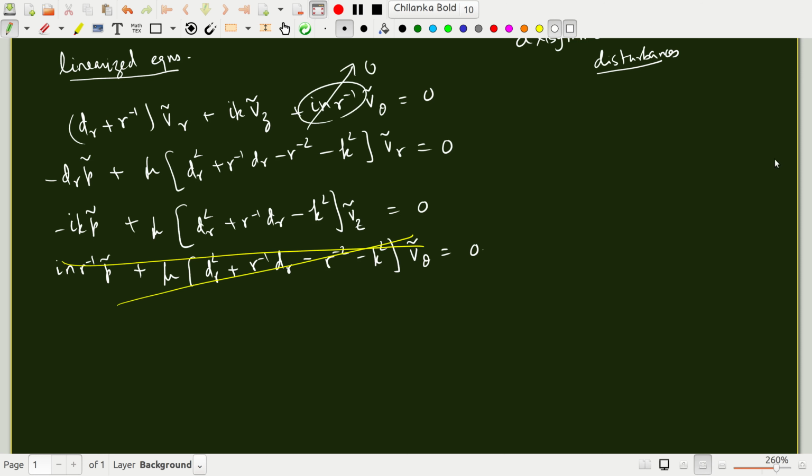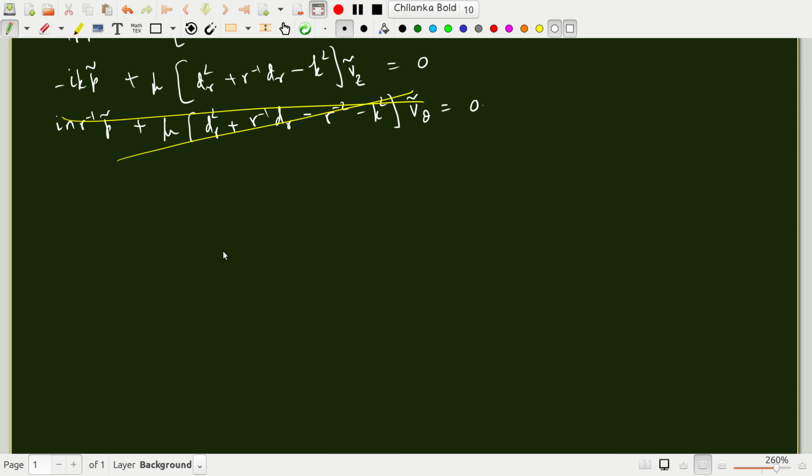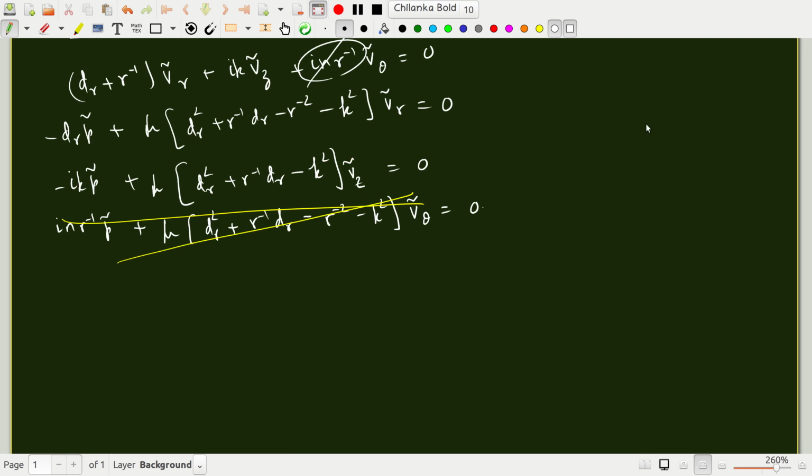When we do this, you get a slightly simpler set of differential equations, and we can eliminate pressure by multiplying this equation by ik and taking the derivative of this equation, and by subtracting you can eliminate pressure.